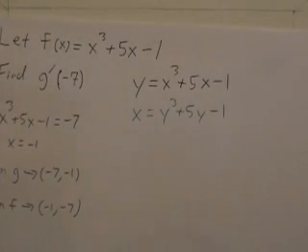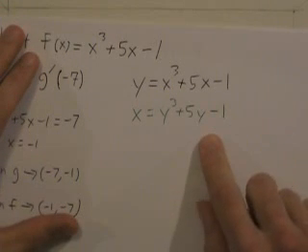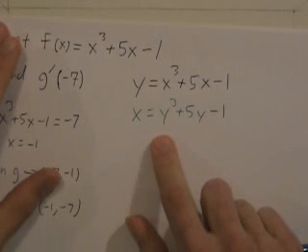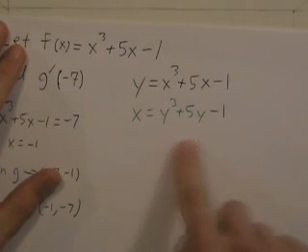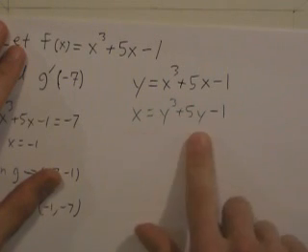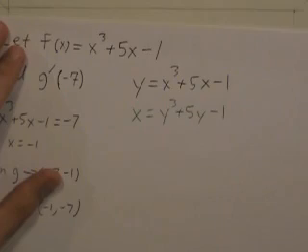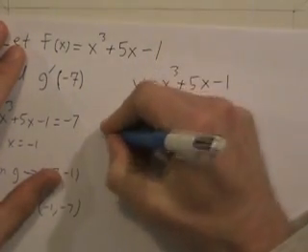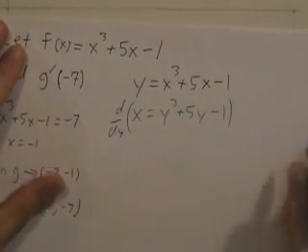And you notice that you can't isolate y. But even though you can't isolate y, that doesn't matter. By virtue of the fact that they were switched, y is still the inverse of x. So we're going to differentiate this with respect to x implicitly, differentiating both sides.